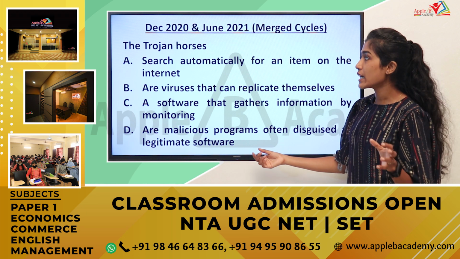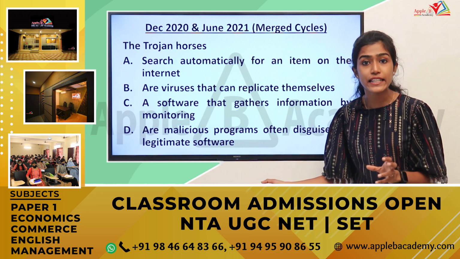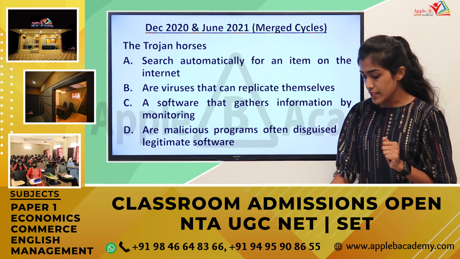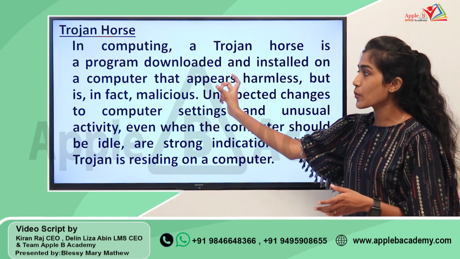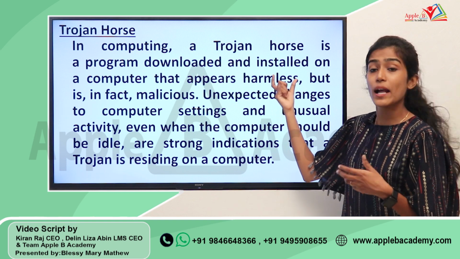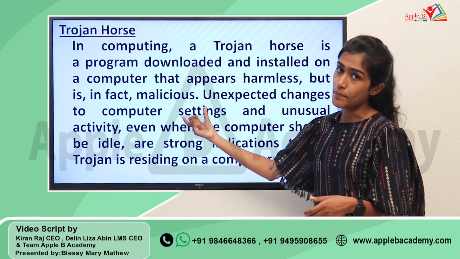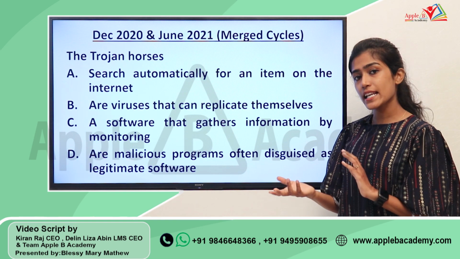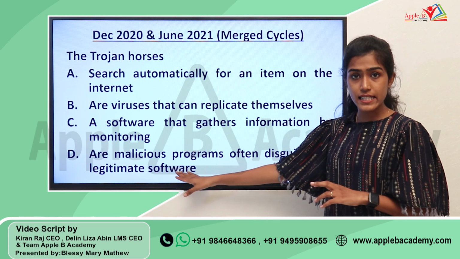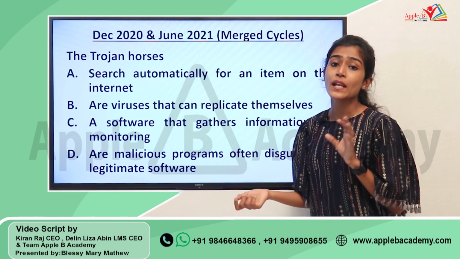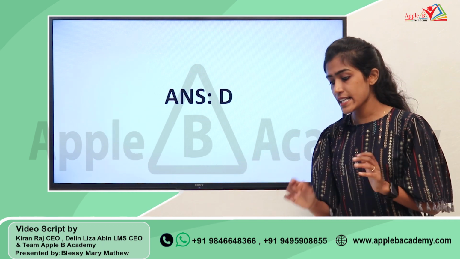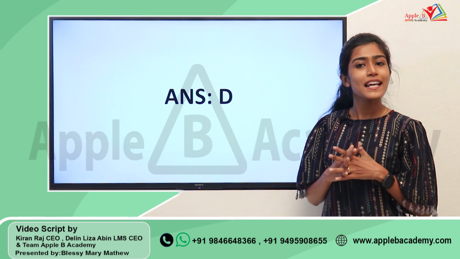From what you have learned about Trojan horses, now you can identify the right option, right? Trojan horses are programs that appear harmless, but they are malicious in nature. So we can consider option D as the right answer: are malicious programs often disguised as legitimate software. So the right answer for this question is obviously option D.